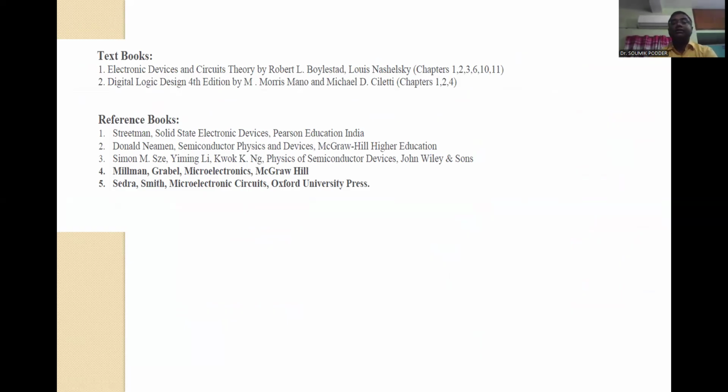Also, Simon M. Sze and Kwok K. Ng, Physics of Semiconductor Devices, John Wiley, is a very, very good book for clearing the fundamentals of semiconductor physics.